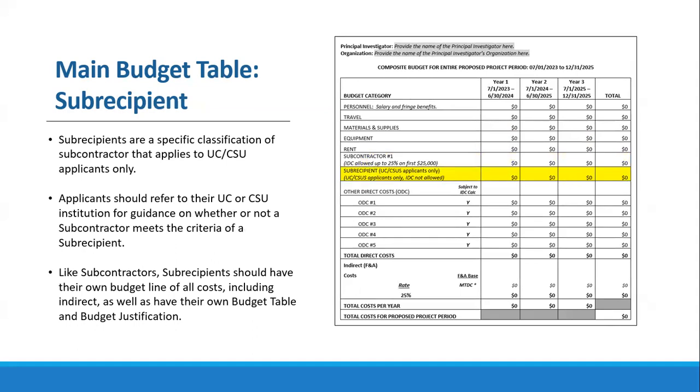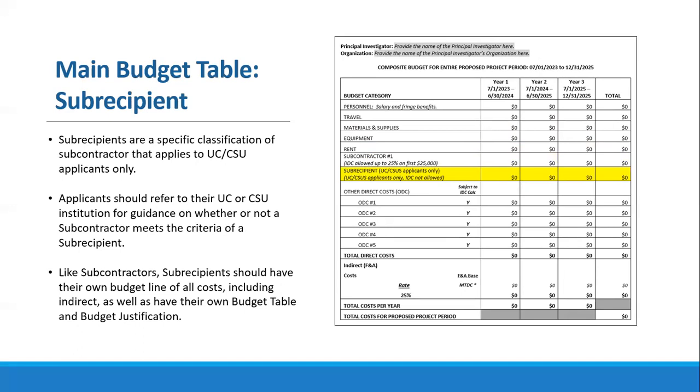Subrecipients are a specific classification for University of California and Cal State University applicants. And if you're confused about any rules on those, we have a number of documents on our website that can help you make the determination of if something would be a subcontractor or a subrecipient.